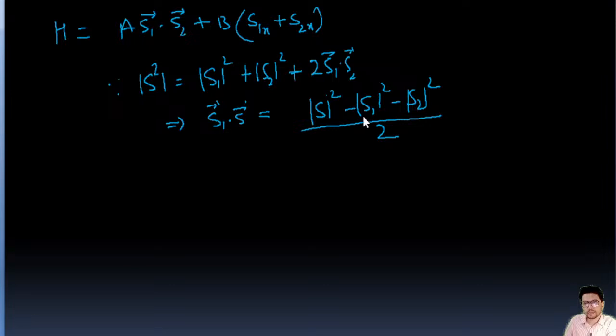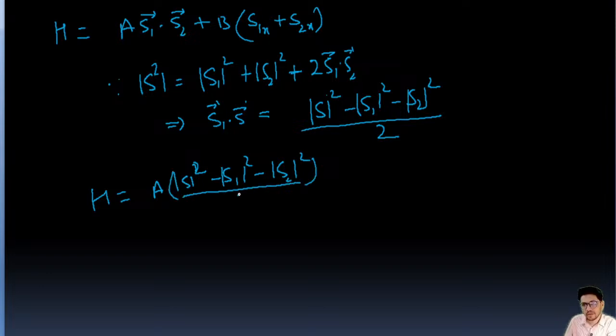So we'll put the value here. H is going to be A into mod S square minus mod S1 square minus mod S2 square, upon 2, plus B into S1x plus S2x.